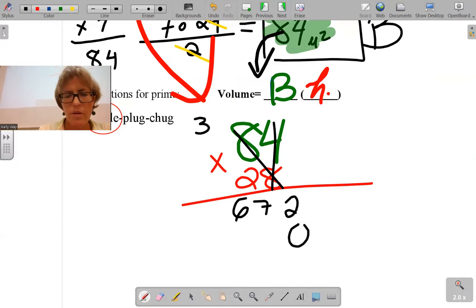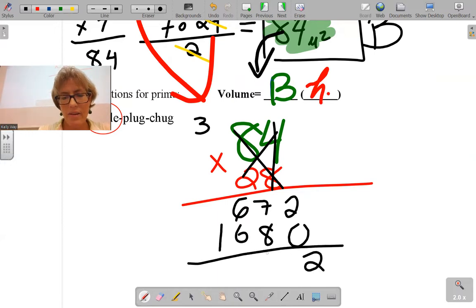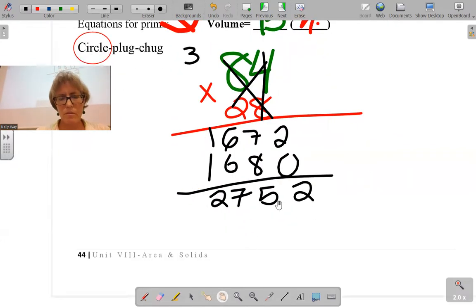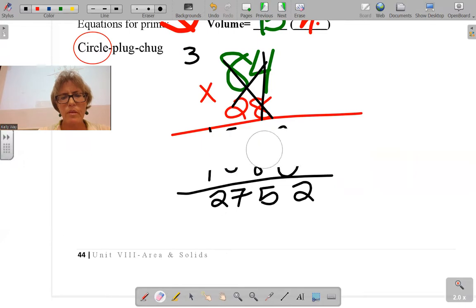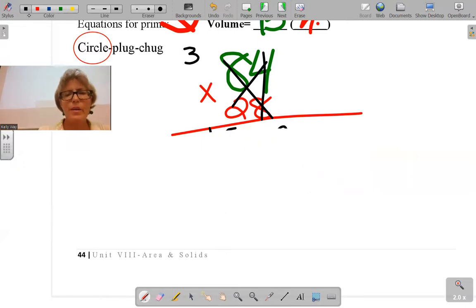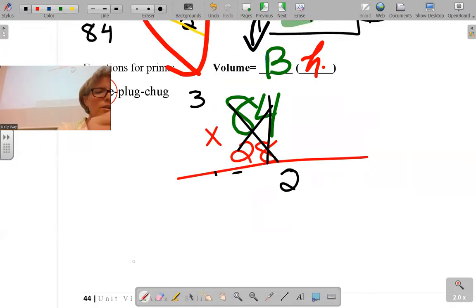So I got the answer. Is that a 6? Yes. 7. Is that it? No, it's supposed to be 300. Is there a 3 there? Look, 6 plus 6 equals 12. You have to add the 1. Carry the 3. 8 times 8, so that's 67.